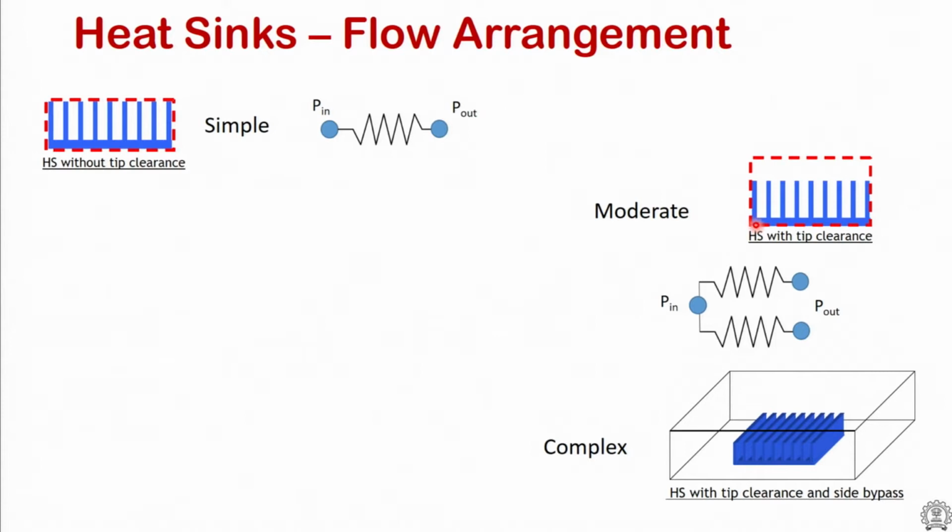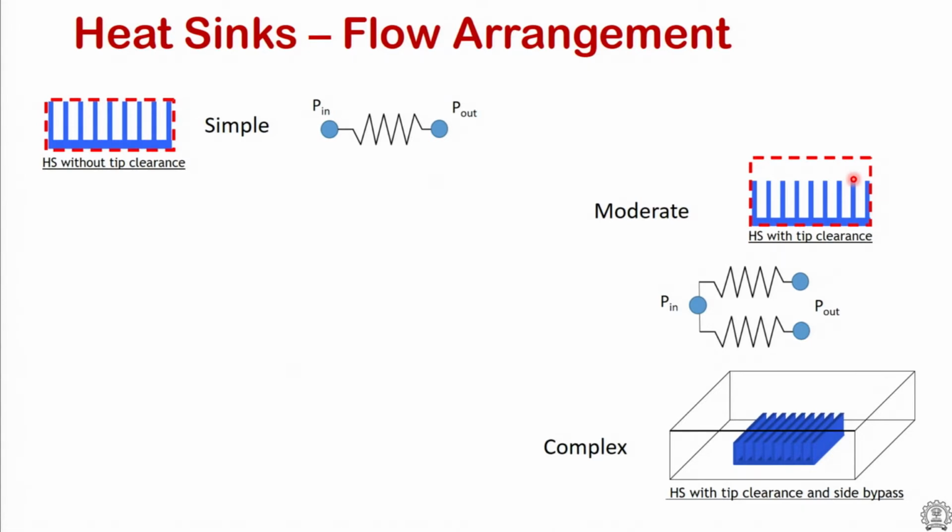When you have a tip clearance, it is a much more complex arrangement than this very simple one. If you allow some space on the top, which is very common in electronics, because when you mount a PCB, heat sinks and lots of other components in a multi-layered stack, tolerance issues always pop up, so one always leaves some gap between the top of the fin and the top cover.